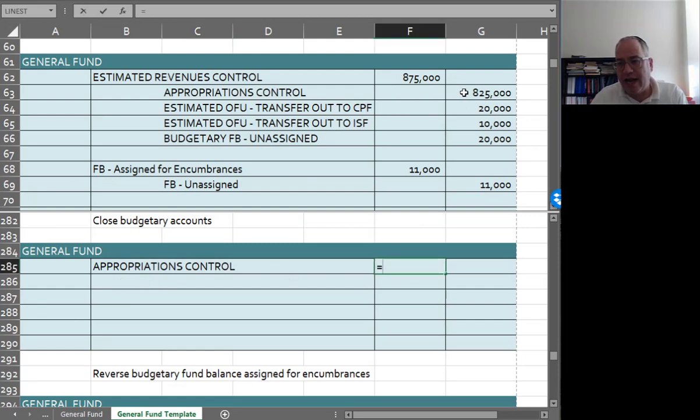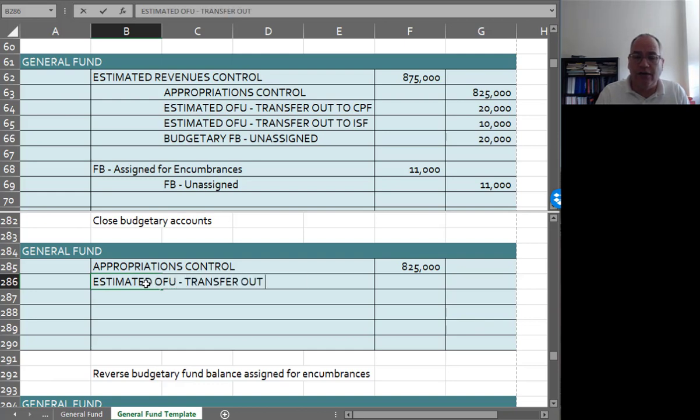It's not always going to be an exact reversal because it's possible that the government might change their budget, in which case they would record additional budgetary entries during the year, and you would need to reverse those too. So I'll debit estimated OFU transfer out to CPF, Capital Projects Fund, that was $20,000. I'll debit estimated OFU transfer out to ISF, also for $10,000.